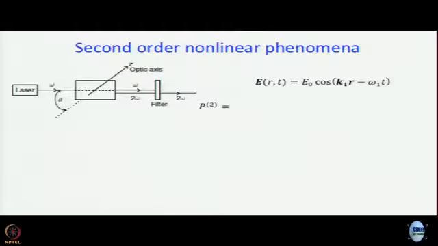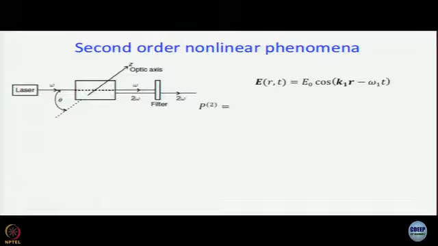But first of all, suppose this is E, and for this expression of E, I want to write the expression for the second order polarization. What will it be? Just the second order term, not the first order term. Remember what it was? P equal to chi first order multiplied by E plus chi second order multiplied by E square.